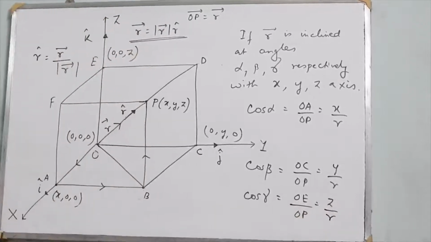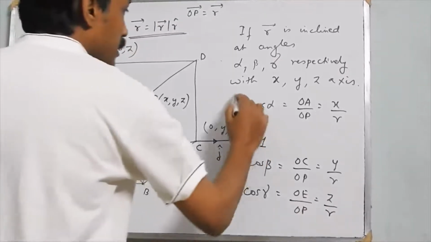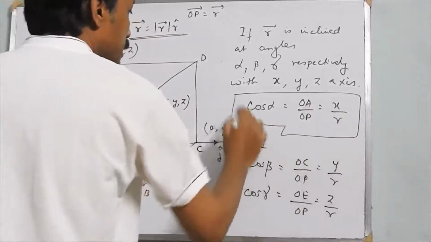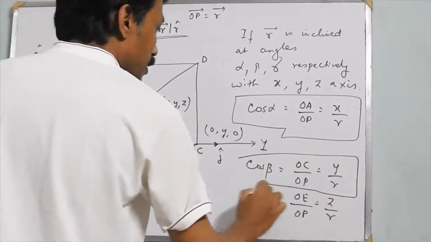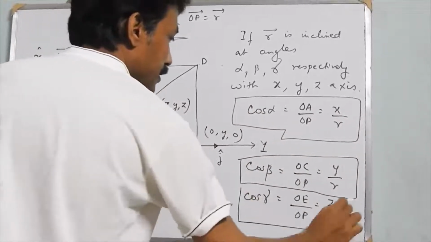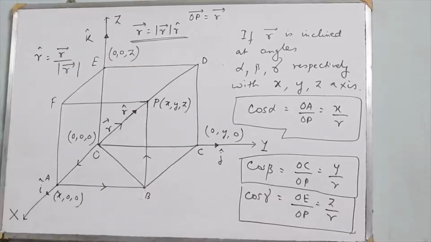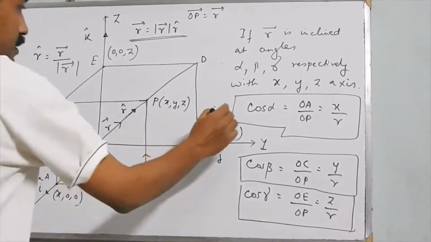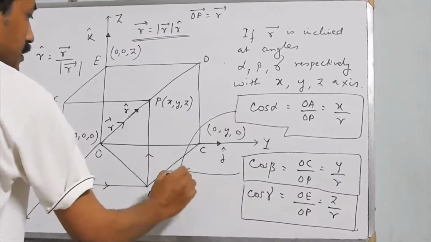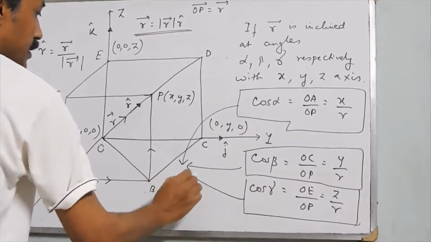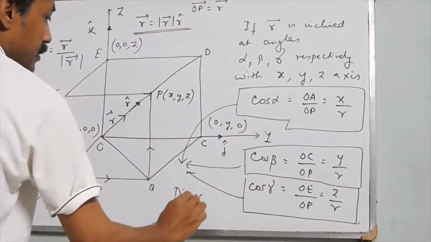Now this cos alpha, cos beta and cos gamma, they are called the direction cosines of the position vector. So cos alpha, cos beta and cos gamma, all these 3 are called direction cosines.